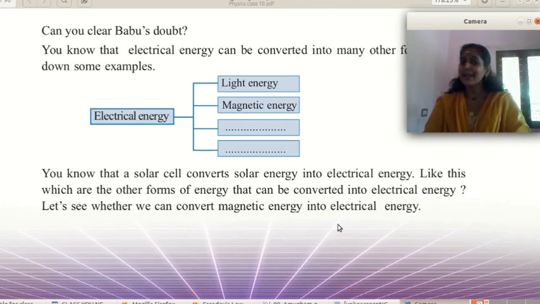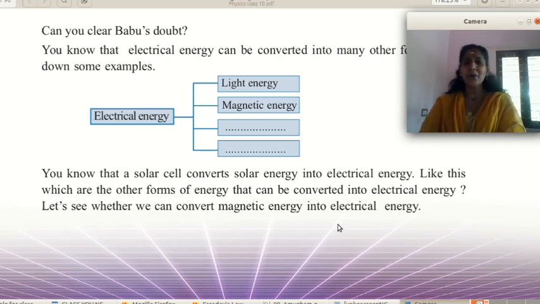One solar cell can convert solar energy into electrical energy. We can convert the sunlight into electrical energy.